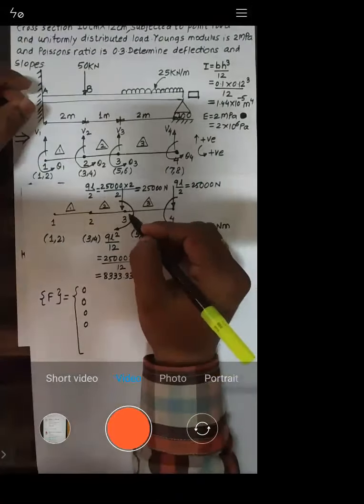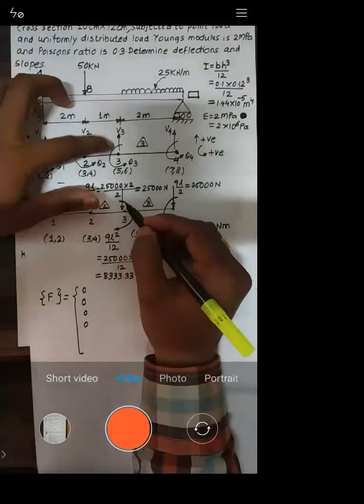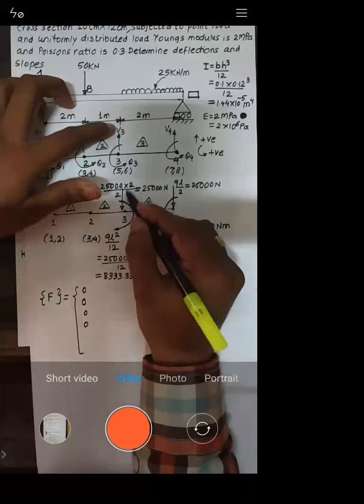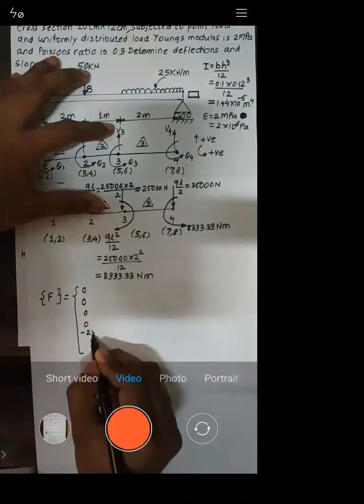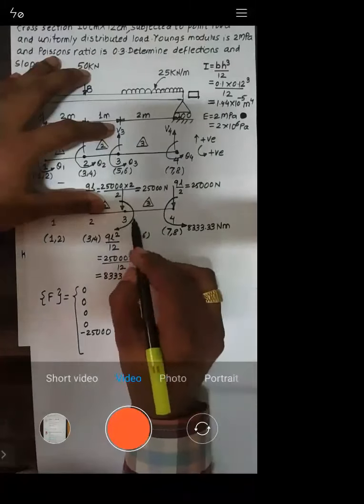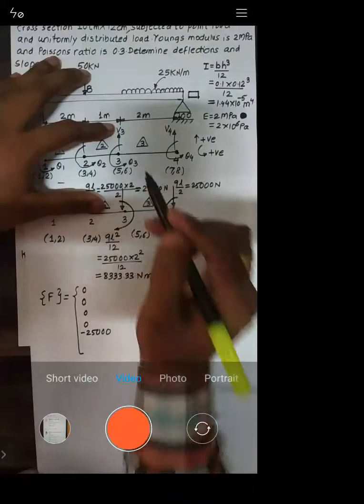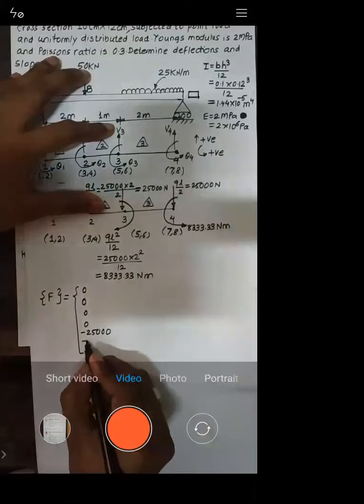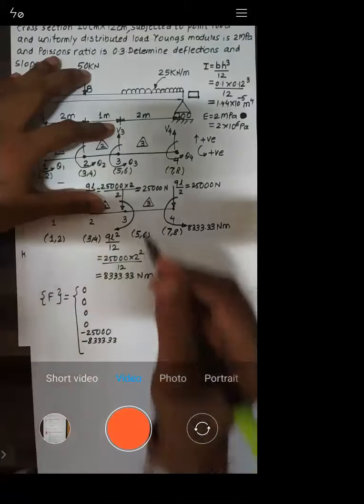See, at node number 3, this is going down and this is going up. That means it is minus. So I need to write down minus 25,000, right? Now see here, this is going clockwise, this is going anti-clockwise. So this is again minus 8333.33. Now come back here.